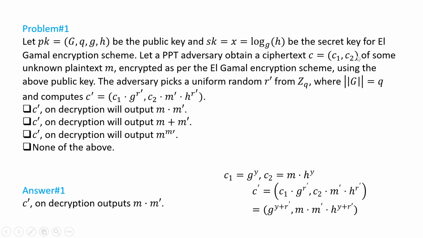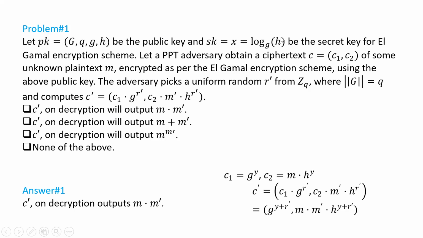And what is the value of the second component of the ciphertext? That is C2. That is computed as the underlying plaintext m into, this is nothing but the group operation, right? That I have represented as this dot operation. This is the group operation, the binary operator of the group. So m dot h to the power y. h was already available publicly, which is nothing but g to the power x.